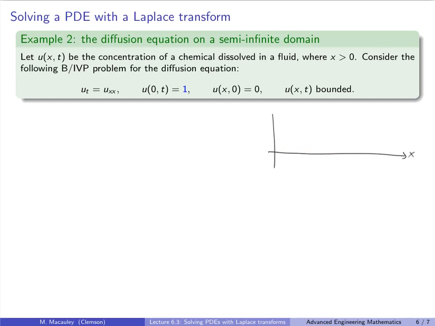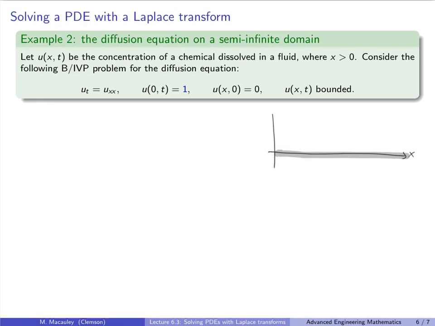And we'll consider the following boundary and initial value problem for the diffusion equation. So the PDE is u_t equals u_xx. We're going to assume that the constant c squared is equal to 1 to make things easier. We have one boundary condition because we only have one boundary. Remember that our domain is maybe a pipe or something like that.